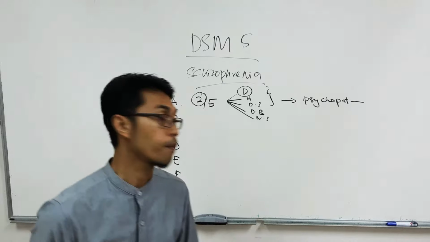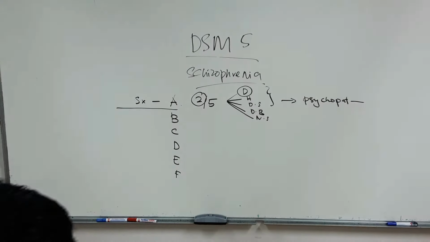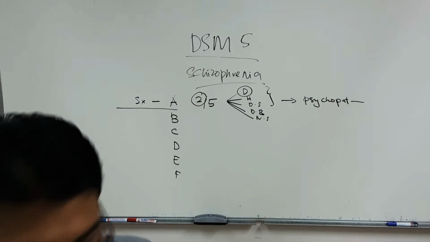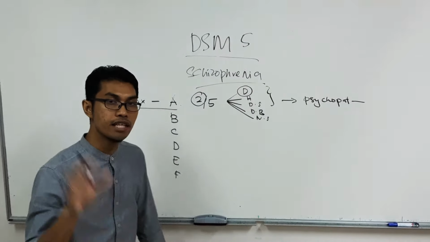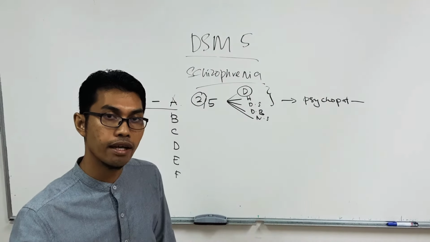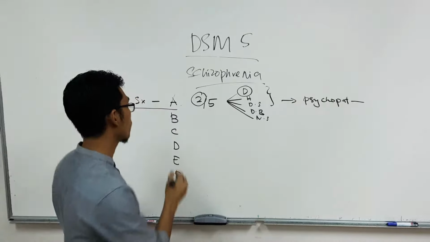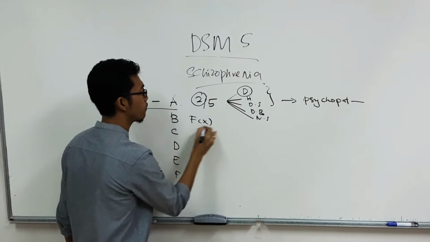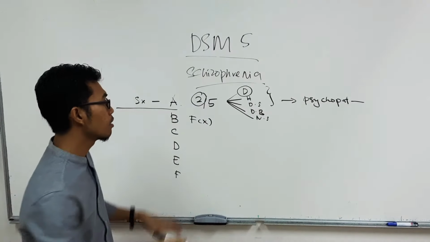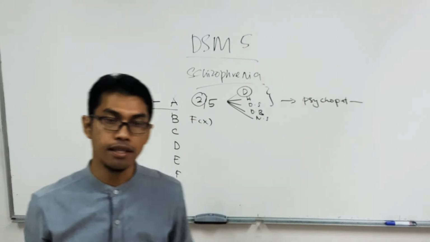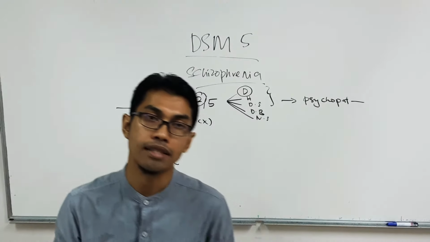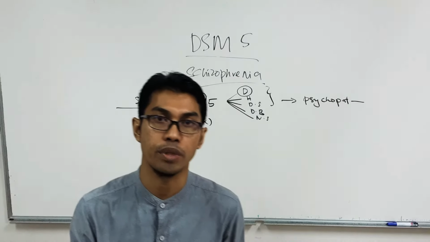So that's number one. Number two, the symptoms are significant enough to affect one's function. So we talk about functionality. Because some symptoms in psychiatry are symptoms that everybody experiences.